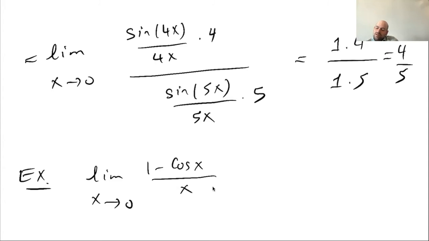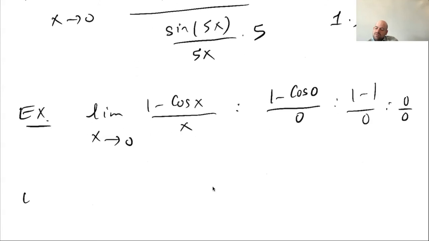Well, the first thing you can try is just replace x with 0. Let's see what happens. 1 minus cos 0 divided by 0. So this is 1 minus 1, cos 0 is 1, 1 minus 1 over 0. And this is 0 over 0. And this is indeterminate. Needs simplification.